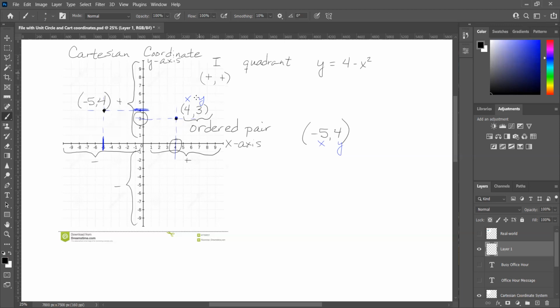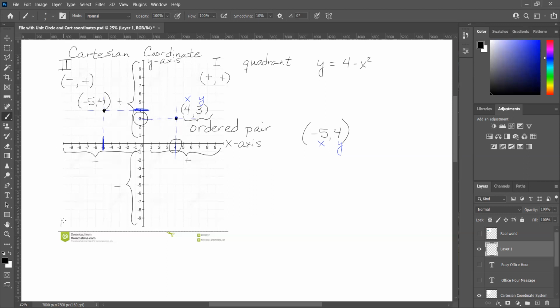It's kind of divided into quarters, and this is the first quadrant. The second quadrant is over here in the top left. And notice all of the x values over here are negative, but all the y values are positive.